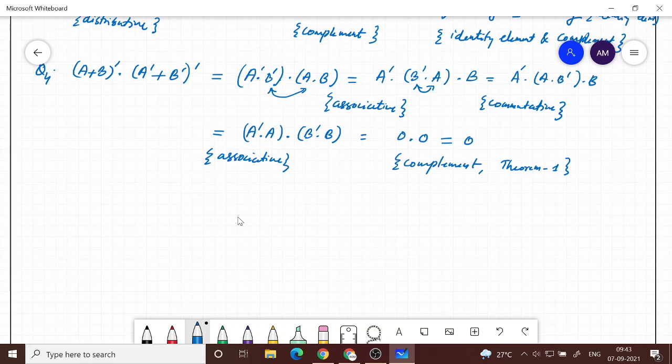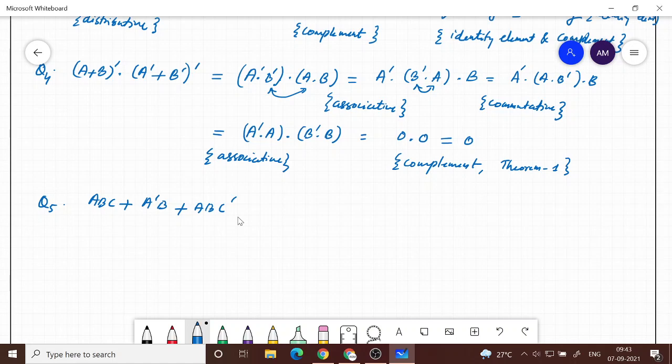Let's try to see questions from 2.3. A B C plus a dash b plus a b c dash.